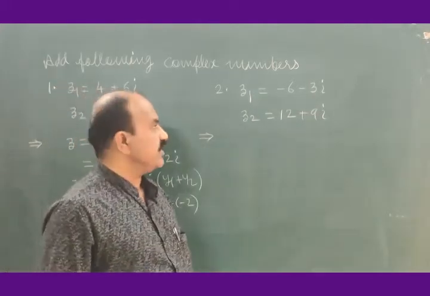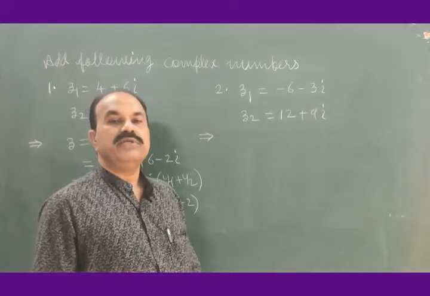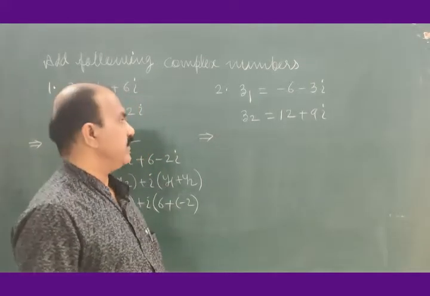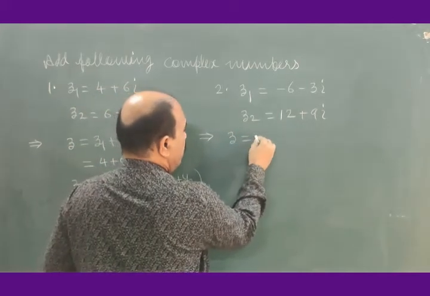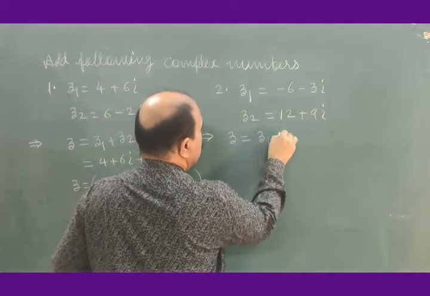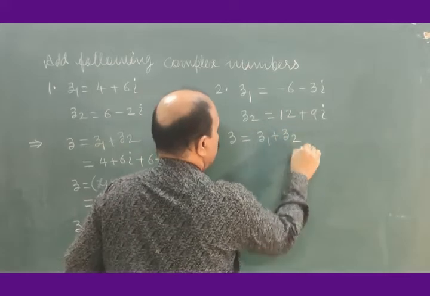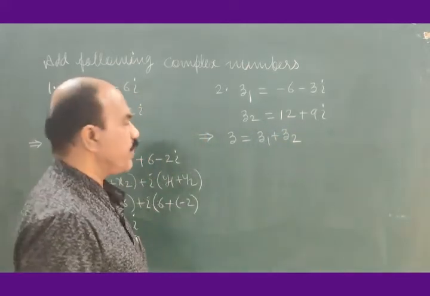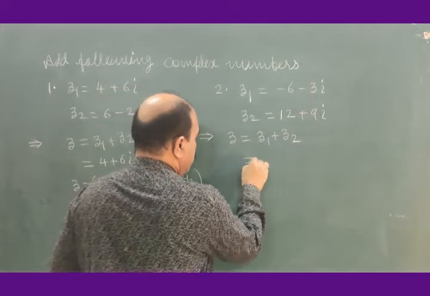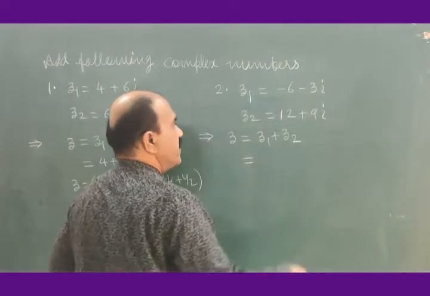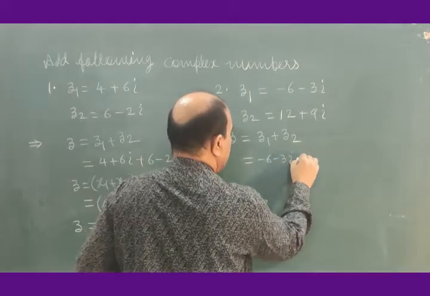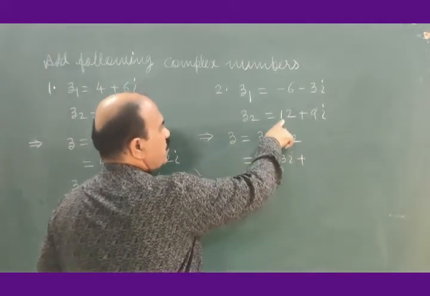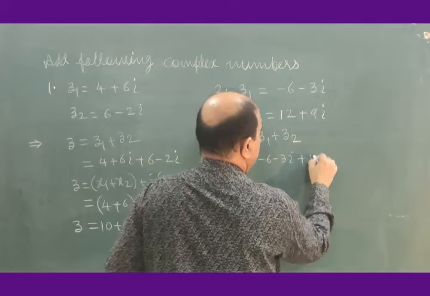Second complex number Z2 is equal to 12 plus 9i. Therefore, the sum of these two complex numbers is Z is equal to Z1 plus Z2. Put value of Z1, minus 6 minus 3i, plus put value of Z2, 12 plus 9i.